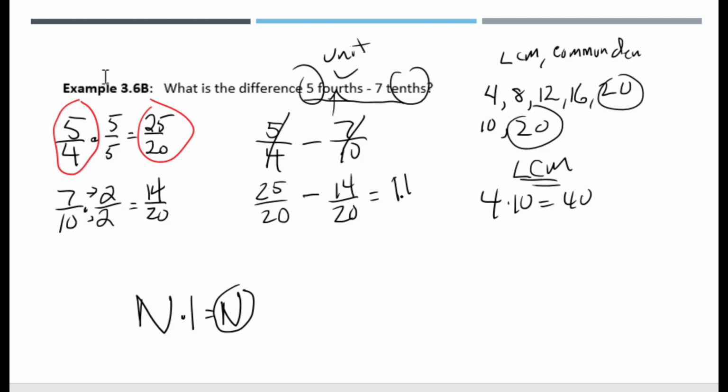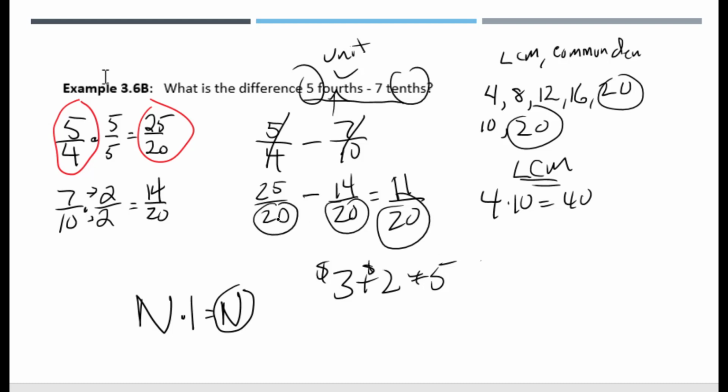But in this case, I'm going to have 11/20ths, because 20ths are the unit. You don't add or subtract what it is, right? $3 plus $2 does not equal $5 squared or something ridiculous, right? The units don't change when you add or subtract. So there's the answer.